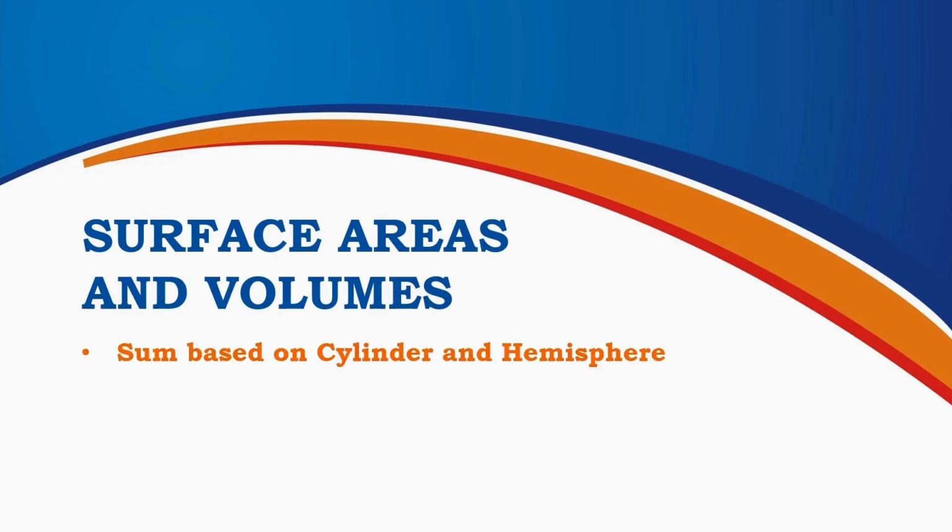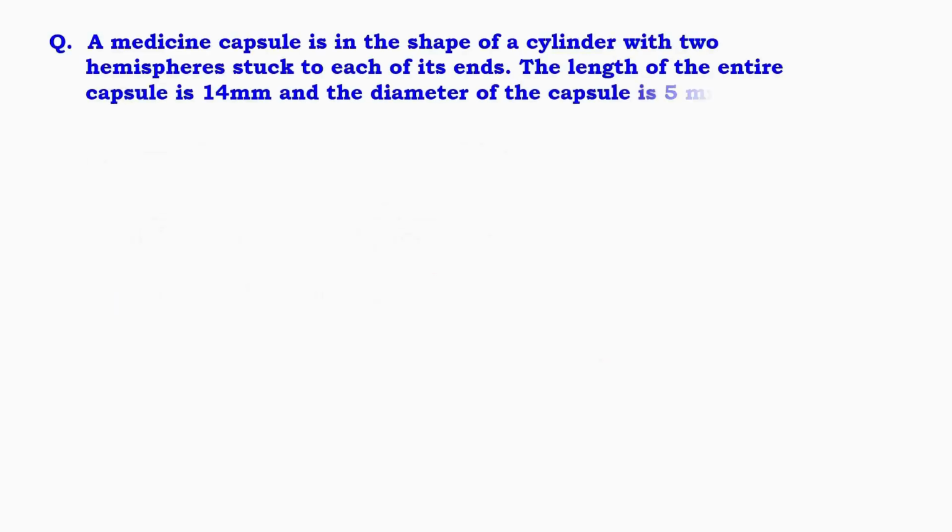Now we will take a look at the problem based on cylinder and hemisphere. A medicine capsule is in the shape of a cylinder with two hemispheres stuck to each of its ends. The length of the entire capsule is 14 mm and the diameter of the capsule is 5 mm. Find its surface area.